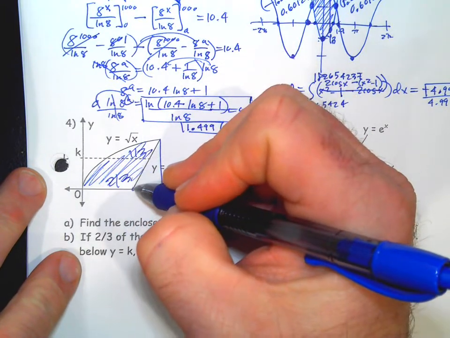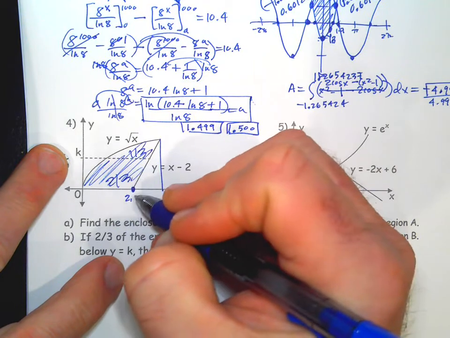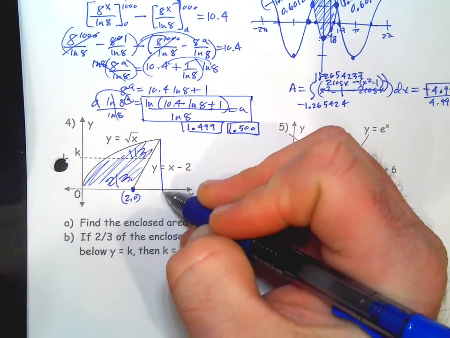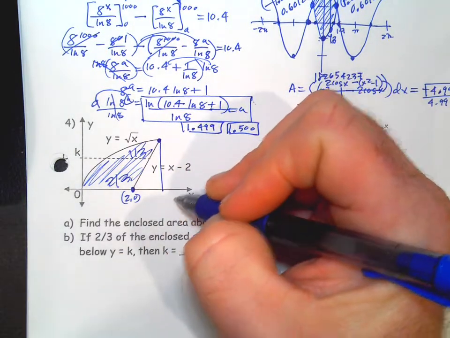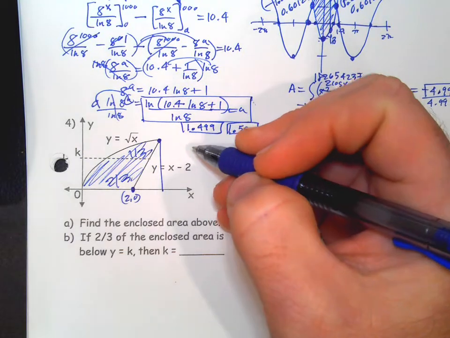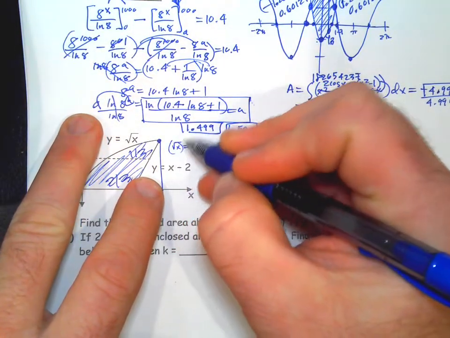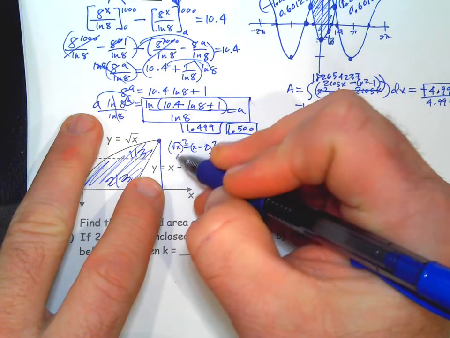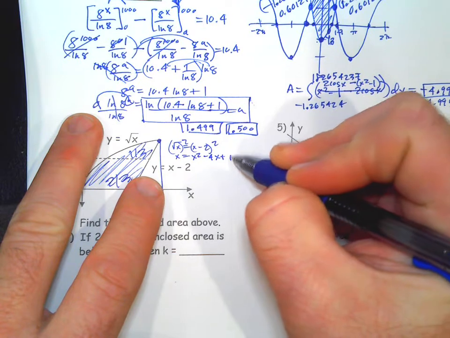We got to, this y equals, this is at 2, 0. And this, let's see, are they telling us what that value should be? Oh, when do these intersect each other? Square root of x equals x minus 2. Square both sides. You can use your calculator to find this intersection, but it might be quicker to just do it by hand.